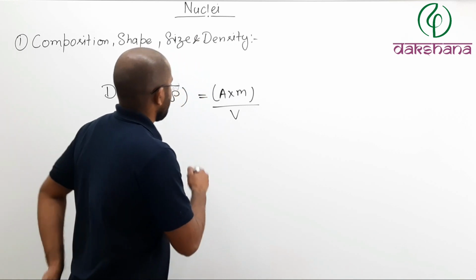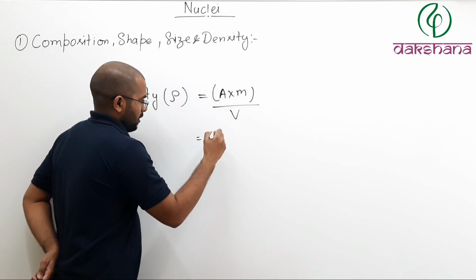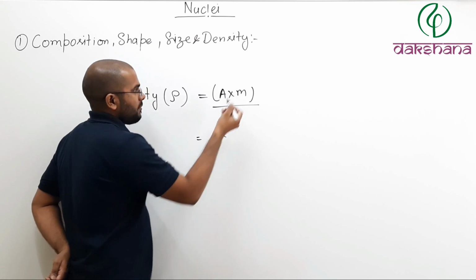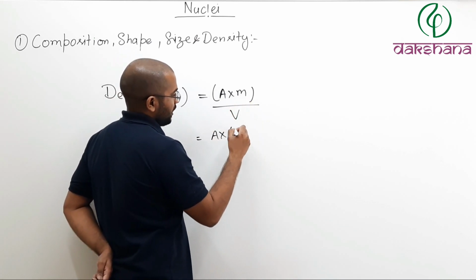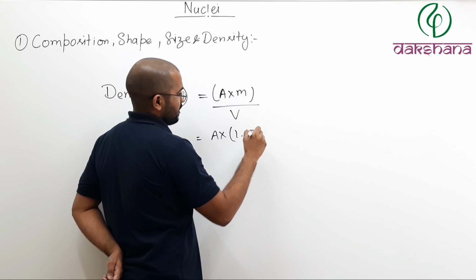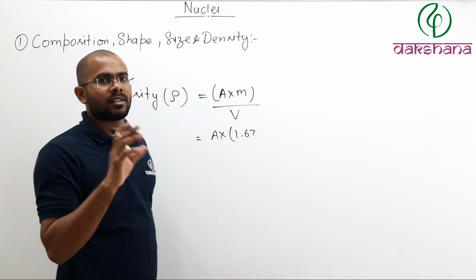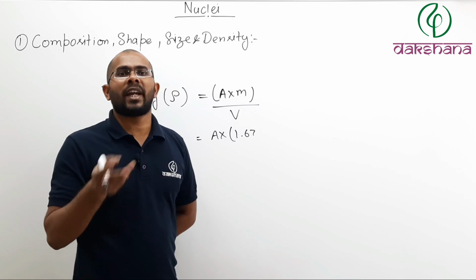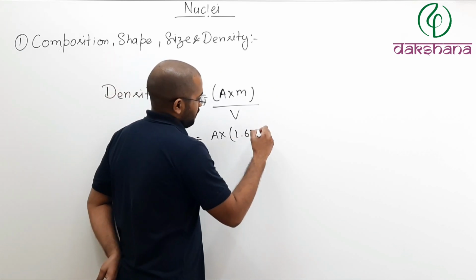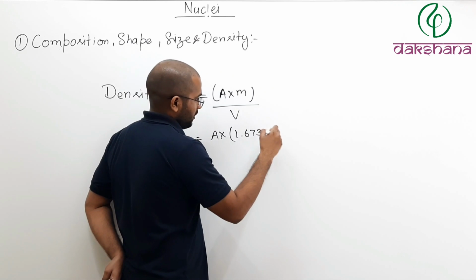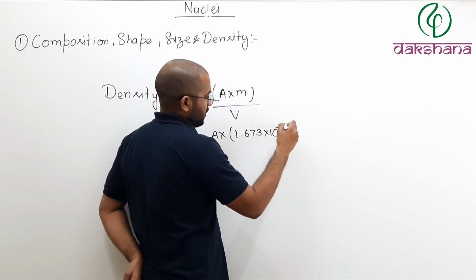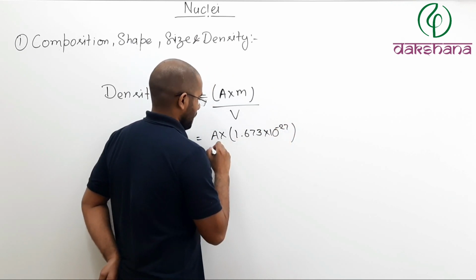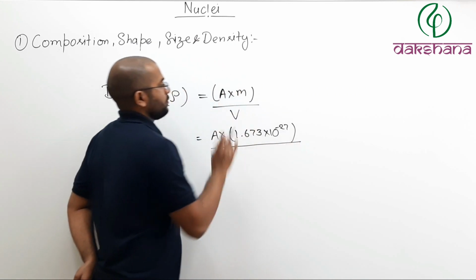Now let us see how much this is. So mass number multiplied by mass, which can be written as 1.67. Remember for proton it is 1.6726, for neutron it is 1.6749. So let us say we write it as 1.673 into 10 to the power minus 27 kg divided by volume.